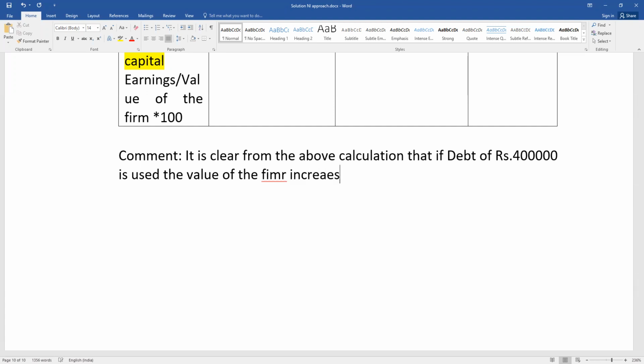Yes or no? And the overall cost of capital is increasing or decreasing? Decreasing.